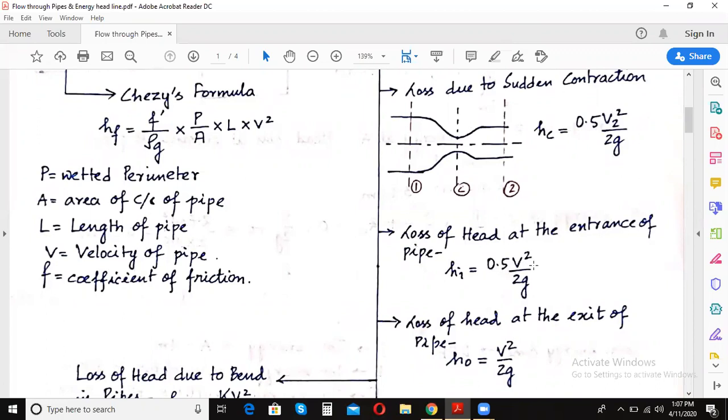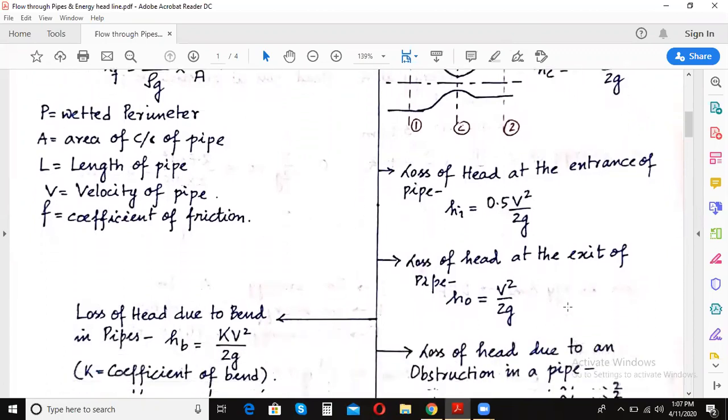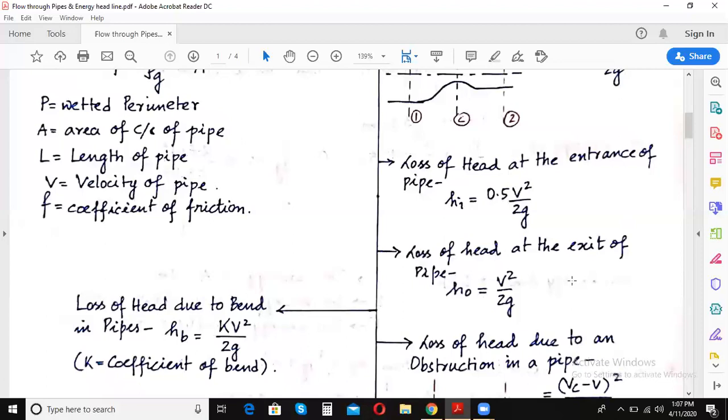Okay, next, the fourth case we have is the loss of head at the exit of a pipe. This is the loss of energy due to the velocity of liquid at the outlet or exit of the pipe.